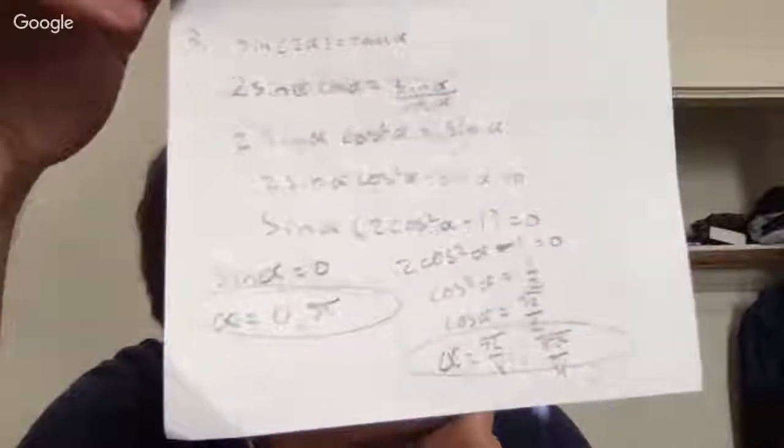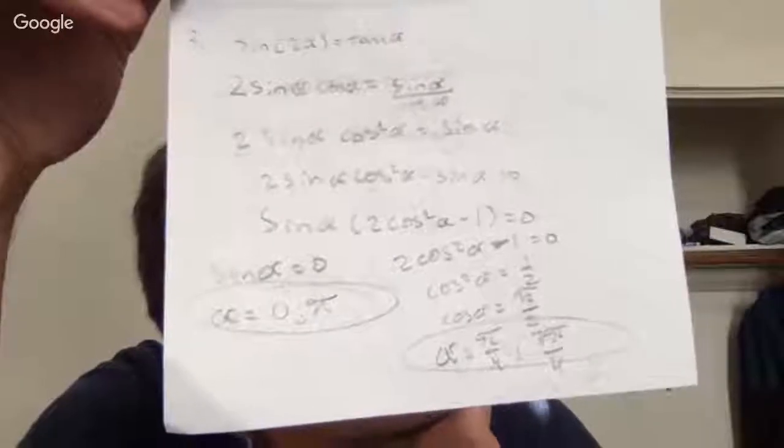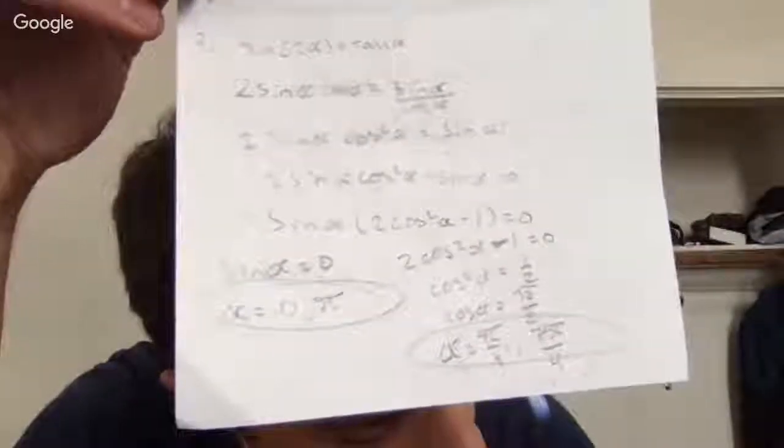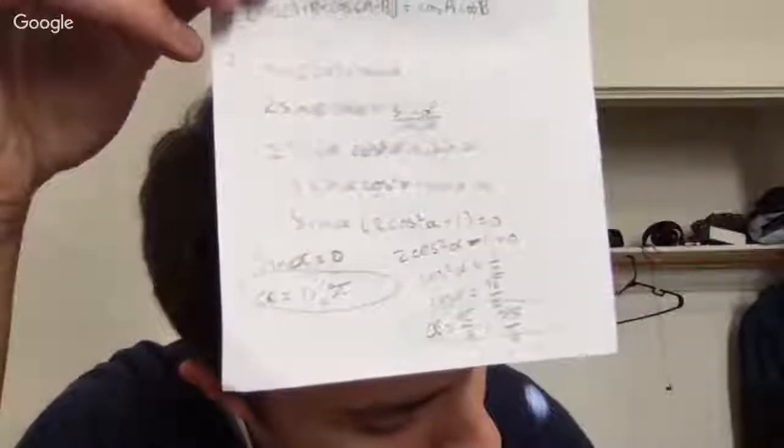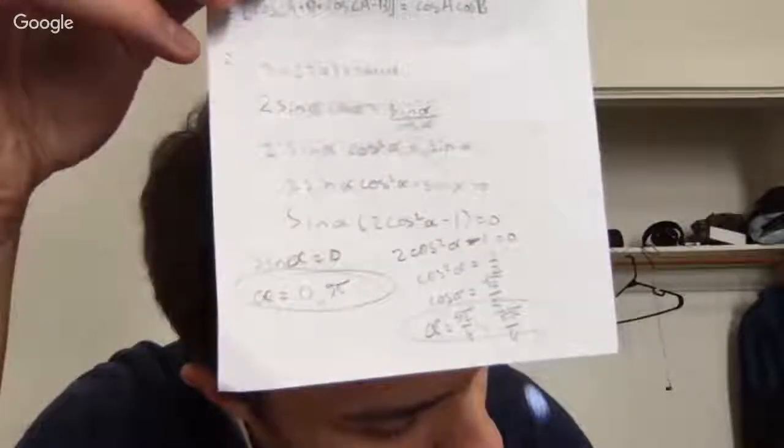Zero, and then you set them, pi over 4. Okay, got it down. I'll go ahead and get it going.